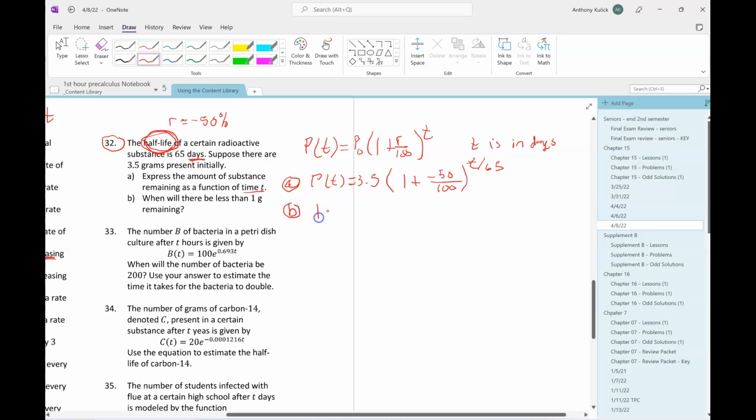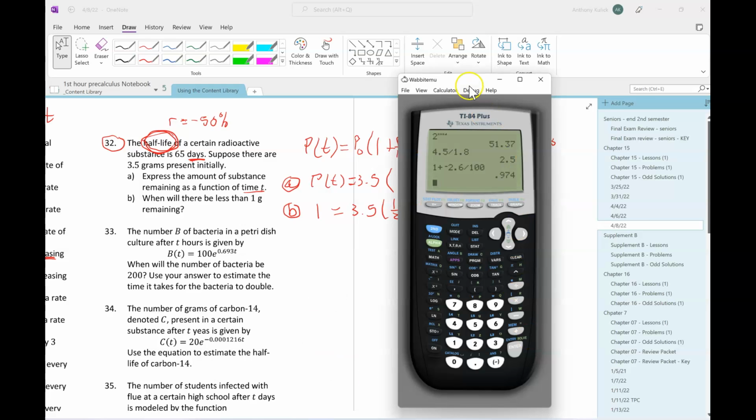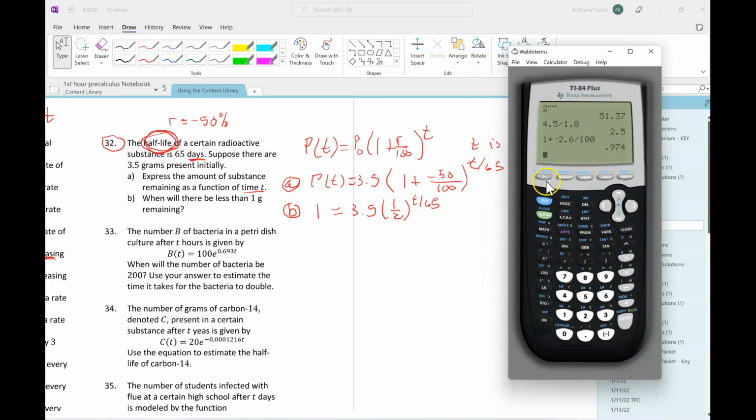To do B, I'm going to put 1 in, and then use my calculator to get the rest of this. So we have 3.5 times 0.5 to the x divided by 65.